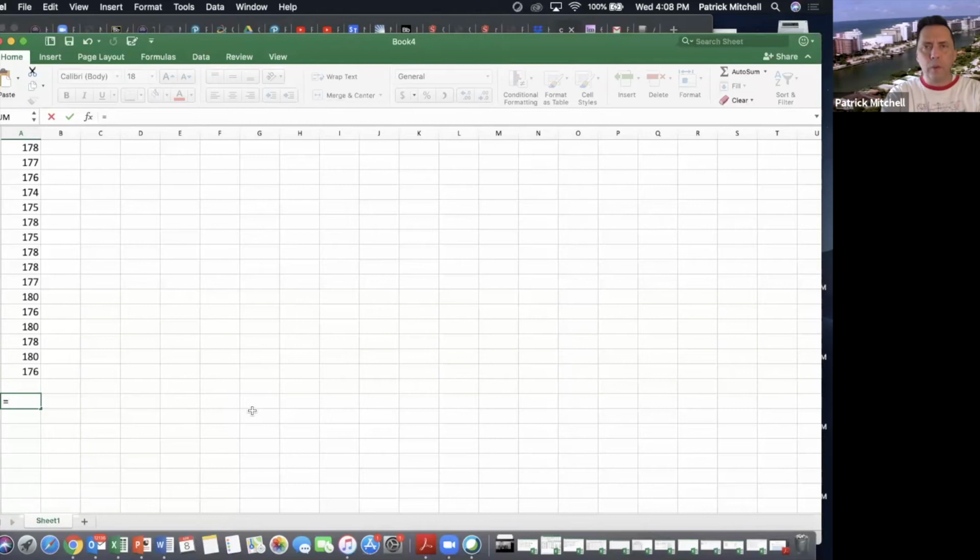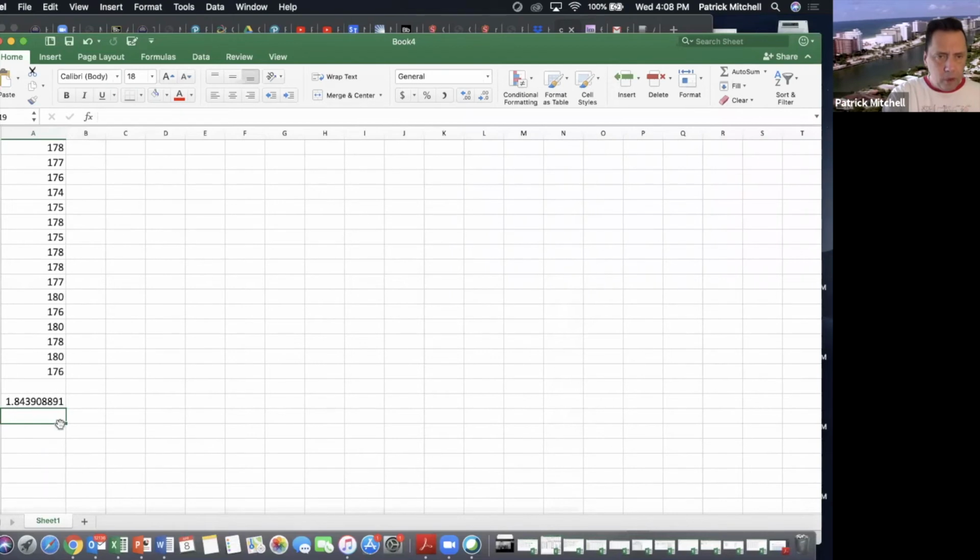The formula for sample standard deviation is STDEV.S, and then put a parenthesis, and then select all the data that you want the standard deviation for. And there is the 1.8439. If I make this column a little wider, it will give me more decimal places, but I think 1.8439 is probably good enough.